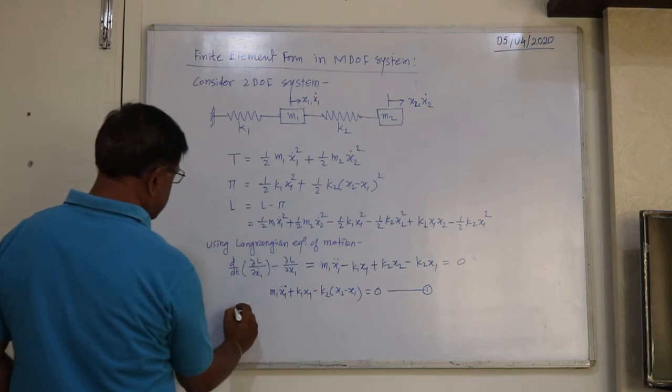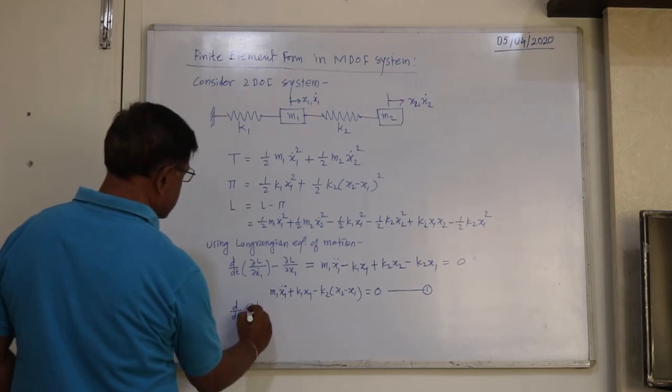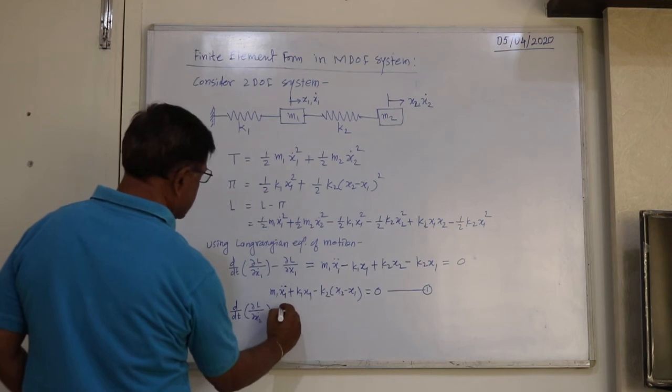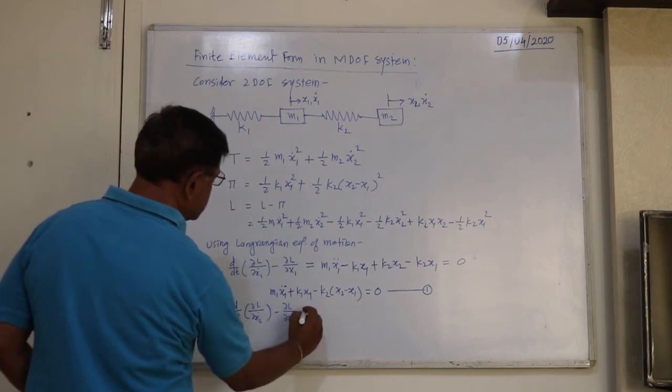Then the second equation: d by dt of del L by del x2 dot minus del L by del x2.